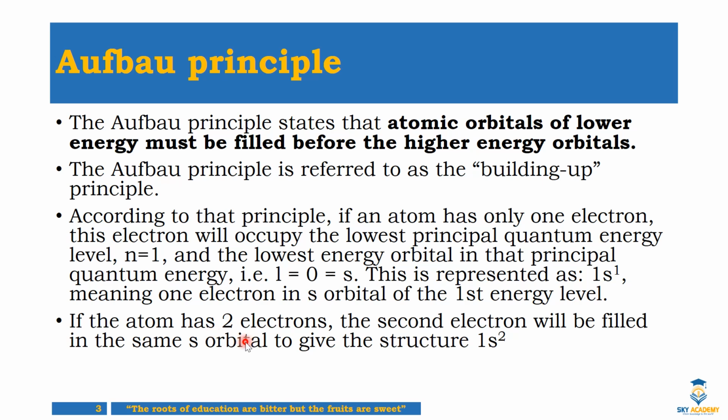If the atom has 2 electrons, the second electron will be filled in the same s orbital to give the structure 1s2. That means you have 2 electrons in the s orbital of the first energy level.